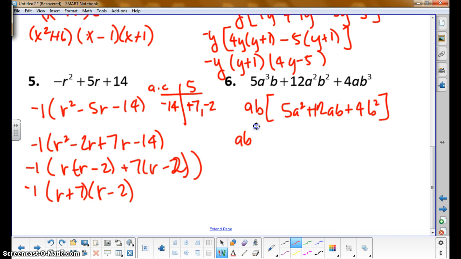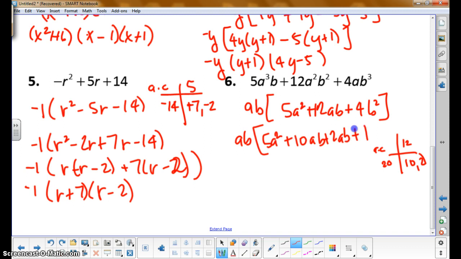Now that AB is going to ride, and we need two factors of 20 that add up to 12. And so let's think. Oh, I'm thinking that this is going to be a 10 and a 2. 5a squared plus 10ab plus 2ab plus 4b squared.